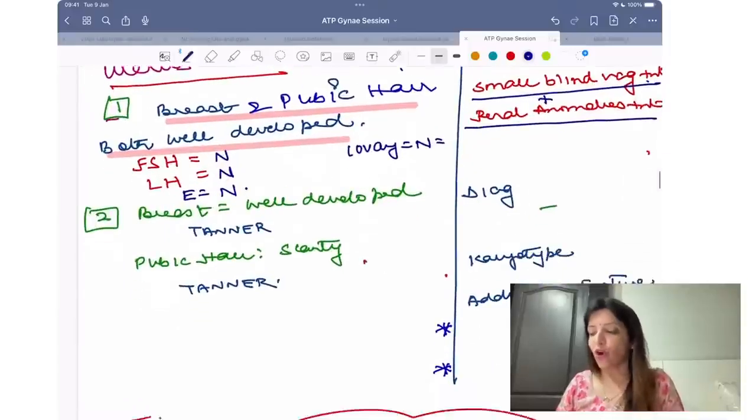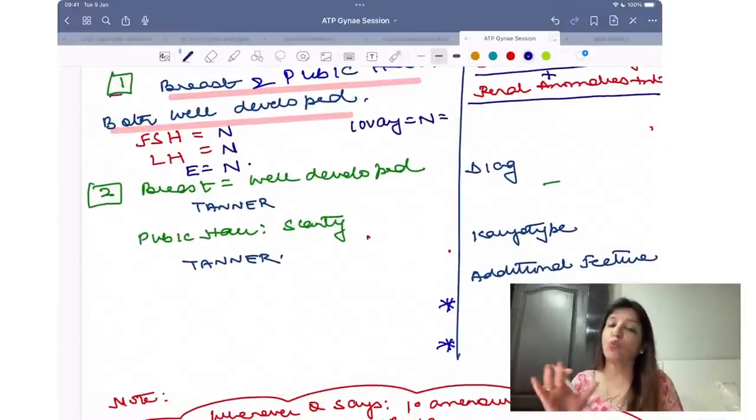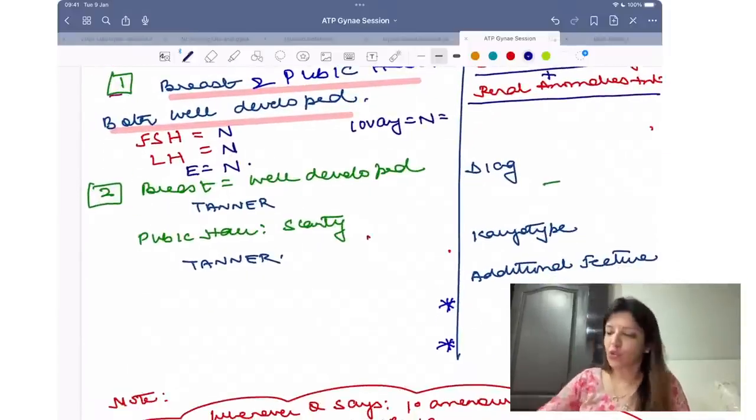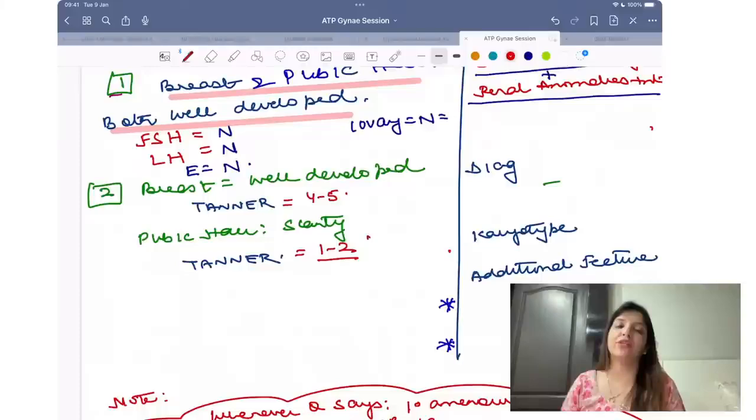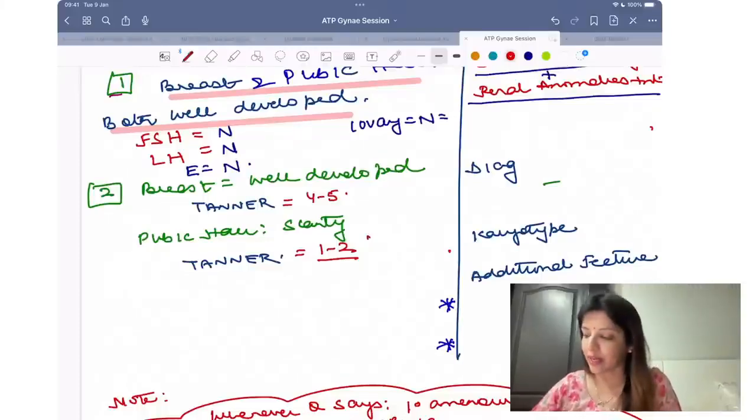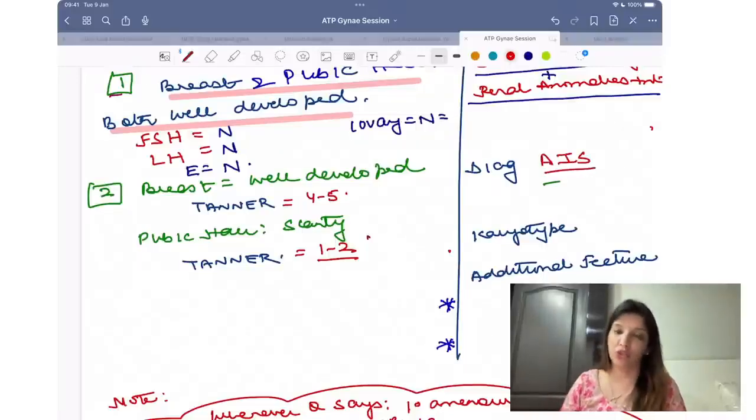Now, if your question says breast तो well developed है, but pubic hair scanty है, so your question will say breast corresponds to Tanner stage 4 or 5 and pubic hair corresponds to Tanner stage 1 or 2. Then it means they are talking about androgen insensitivity syndrome.